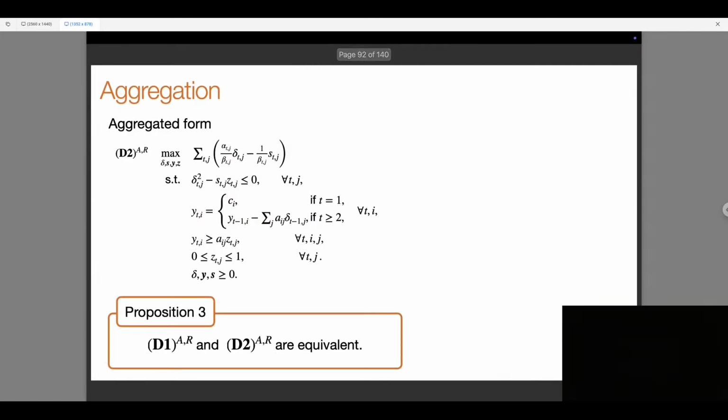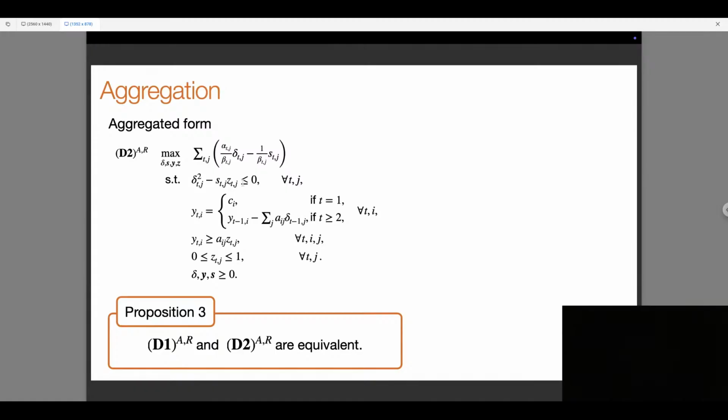And we know that the D1AR and the D2AR are equivalent, but all the decision variables here are finite and linear to the time and the product number.